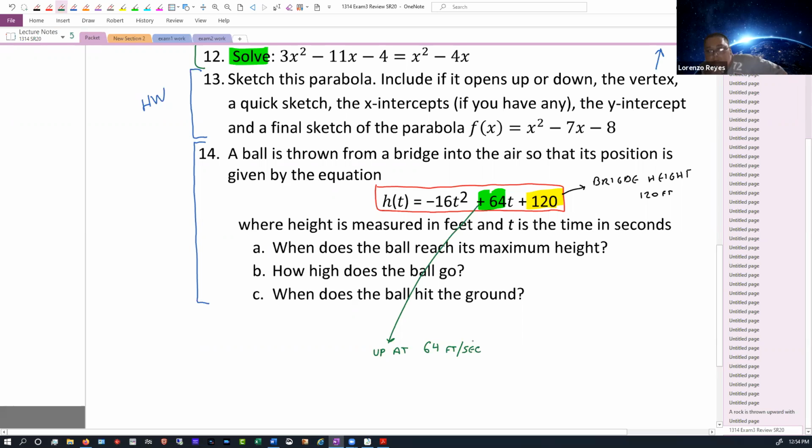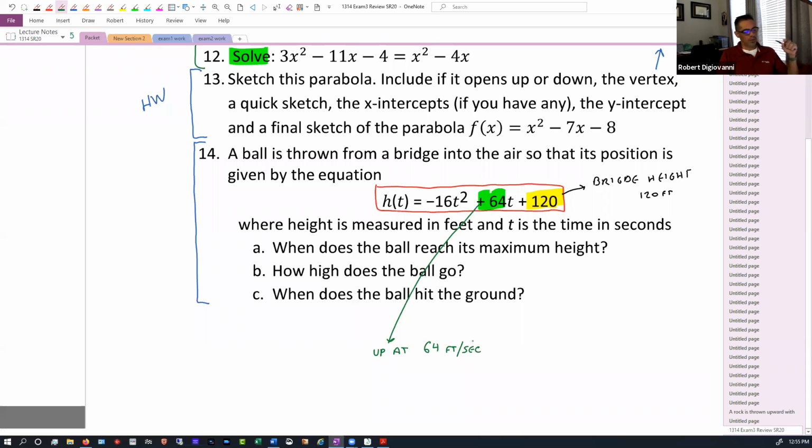So in the previous problem, it was like, hey, this person throws a rock off a bridge. He throws it up 20 feet per second, and the bridge was 30 feet high. Here, I would have said, okay, throwing this ball up at 64 feet per second, and the bridge is 120 feet high. Oh, okay. And we always know it's negative 16, right? Because it's Earth. That's right.